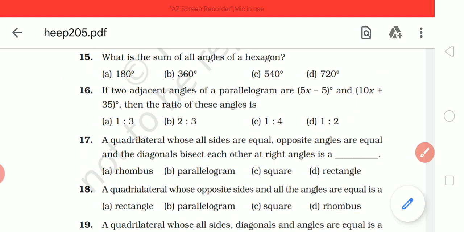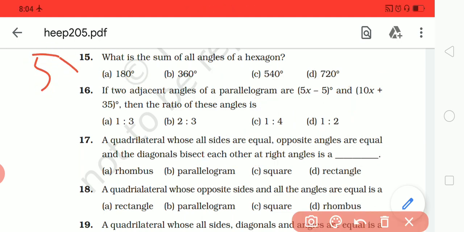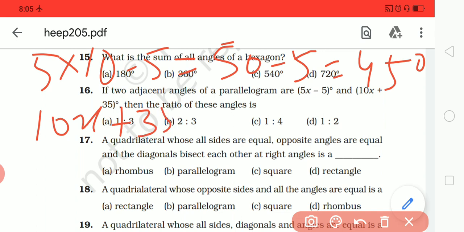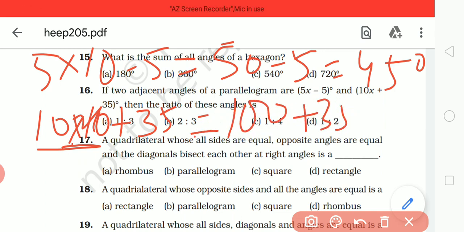Now find the angles. 5 into 10 minus 5 is 50 minus 5, that is equal to 45 degrees. This is the first angle. Now the second one is 10x plus 35. Instead of x we put 10 here. So 10 tens is 100 plus 35, this is equal to 135 degrees.